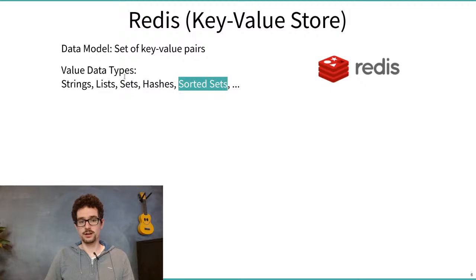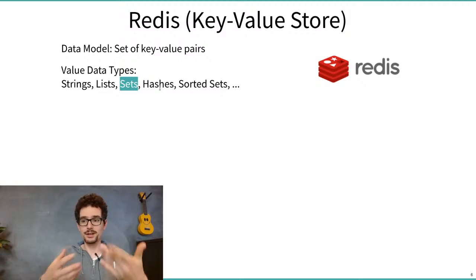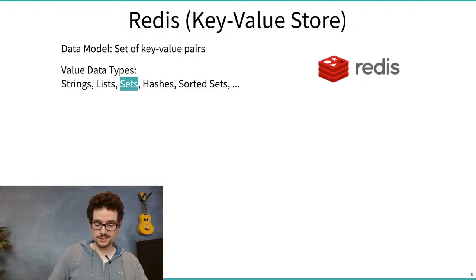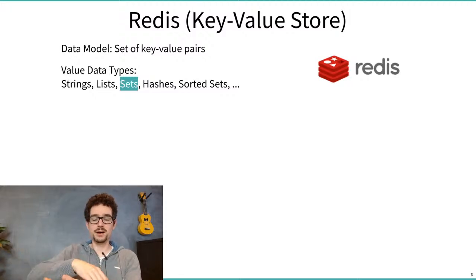Sorted sets are sets where each element has a so-called score. So you put elements in a set, and for each element you specify a score. For example, how often did a user watch that video, and then you can increase the score and then order by the score.